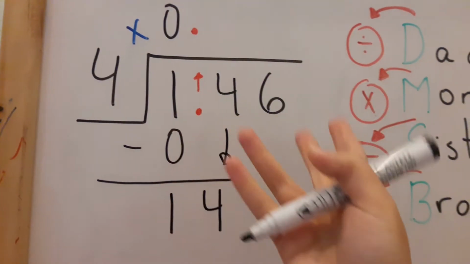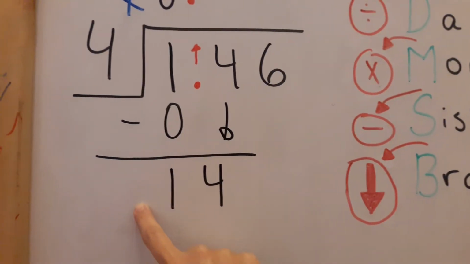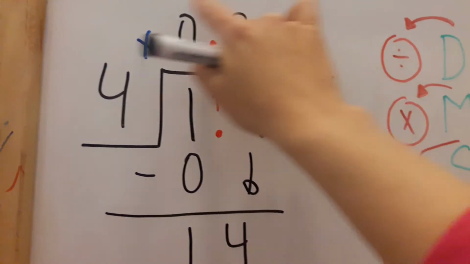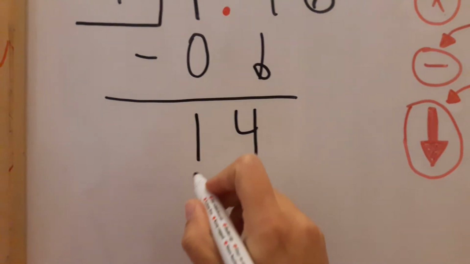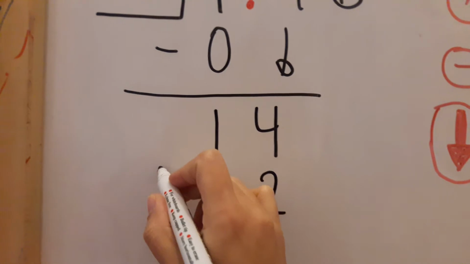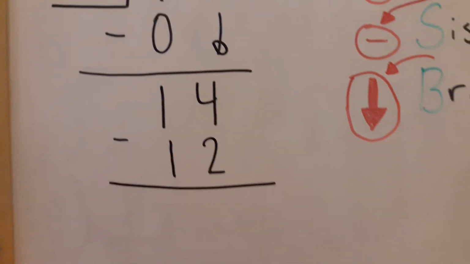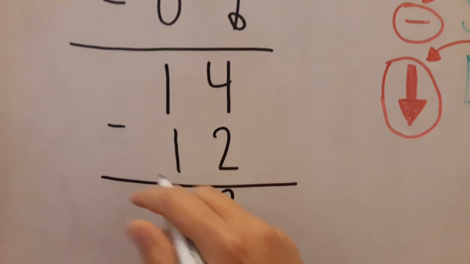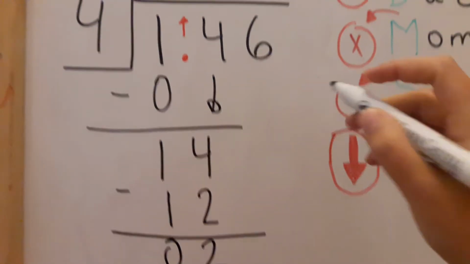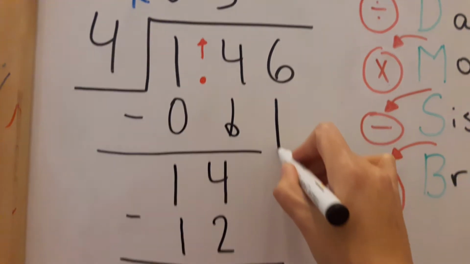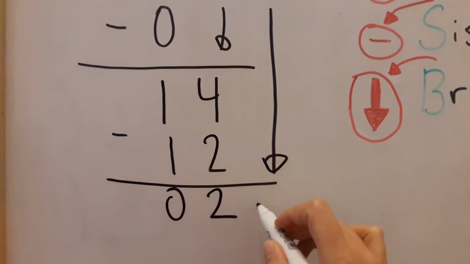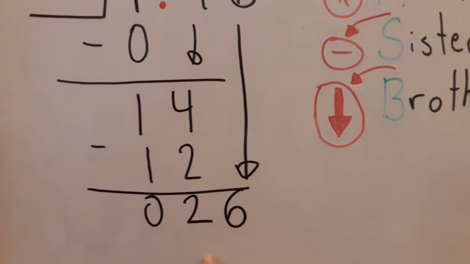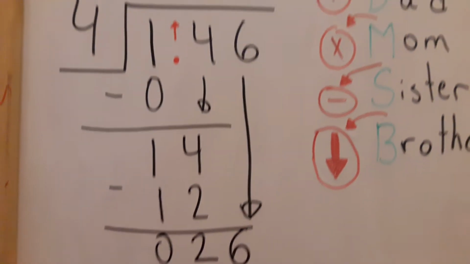So 4 times what gives me 14, or a number closer to 14? Times 3. 3 times 4, it's 12. Then we're going to subtract. 4 minus 2, it's 2. 1 minus 1, it's 0. Now we bring the 6 down. 4 times what gives me 26, or a number closer to 26?